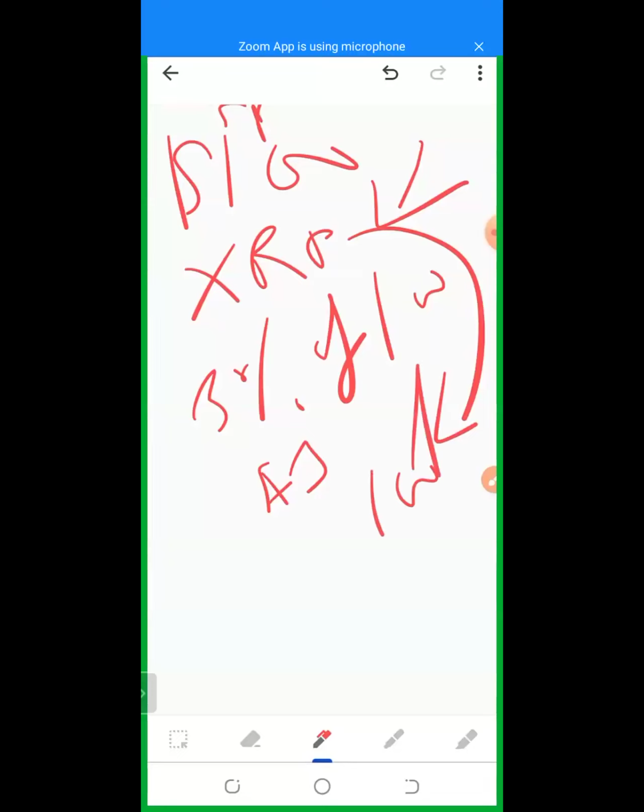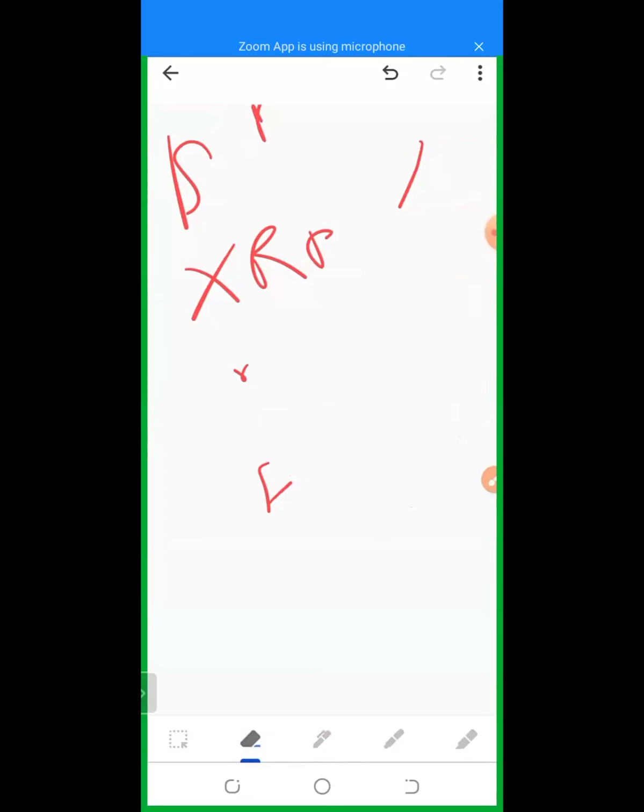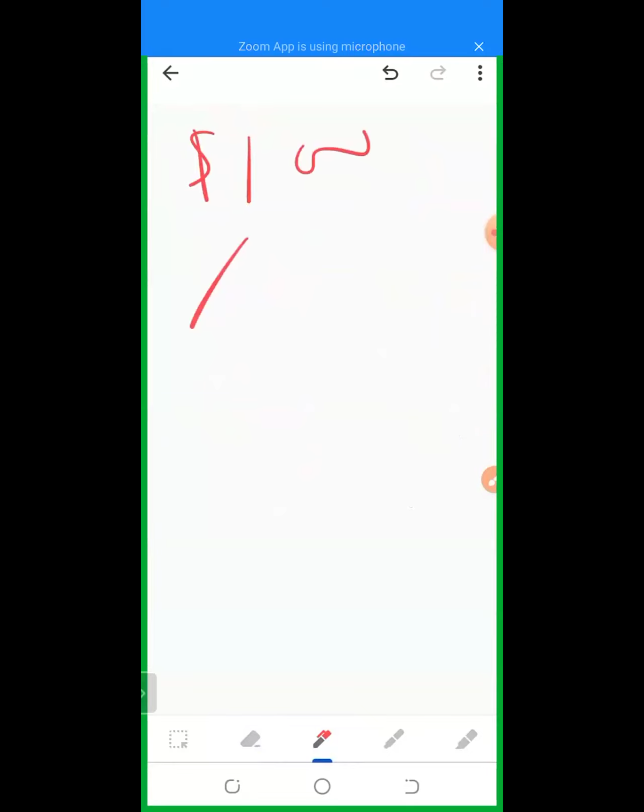But in futures trading, it's not like that. Let's say you have that same $100. You want to buy XRP coin, but you want to leverage. You want to get more of XRP and get more profit. So in futures trading, you don't need to use all your $100.